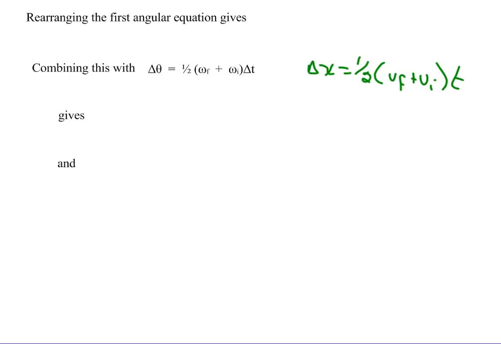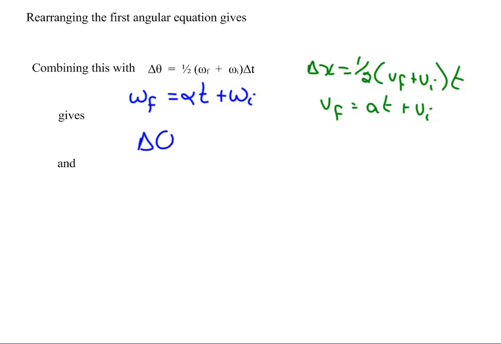If we take our definition of angular acceleration and rewrite it, we get final angular velocity equals angular acceleration times time plus initial angular velocity. That looks an awful lot like final velocity equals acceleration times time plus initial velocity. If we combine these two, then we'll get the kinematic equation for angular motion that looks like this.